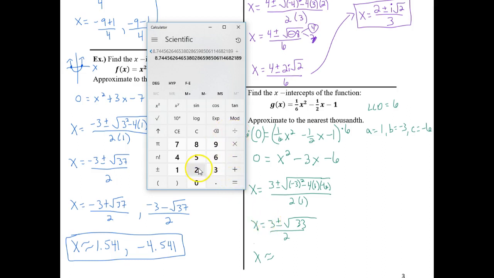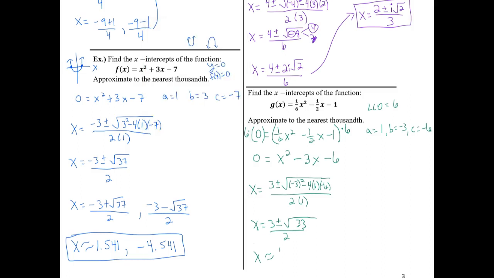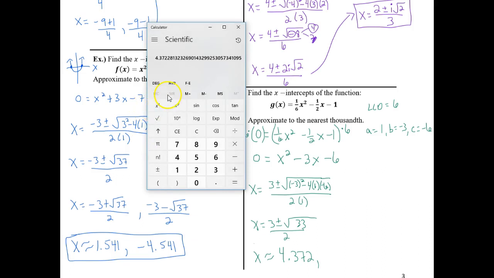And then divide by 2. I'm going to take it out to the thousandths. So tenths, hundredths, thousandths. That 2 on the right says leave this 2 alone. Drop everything else off. So I'll have 4.372.